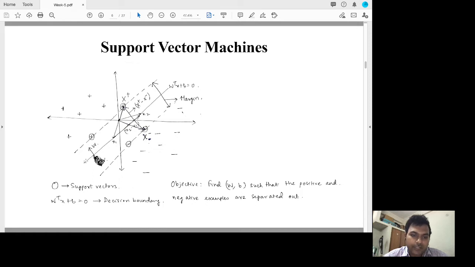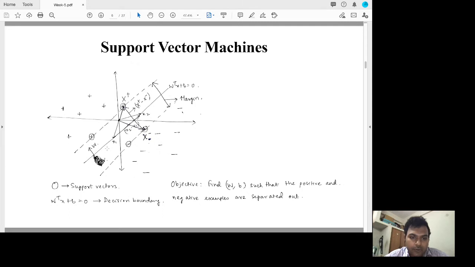So this is W transpose x plus b, and W is perpendicular to this W transpose x plus b. I have also drawn x1, x2 and x2 minus x1 in order to show that W is perpendicular to x2 minus x1.